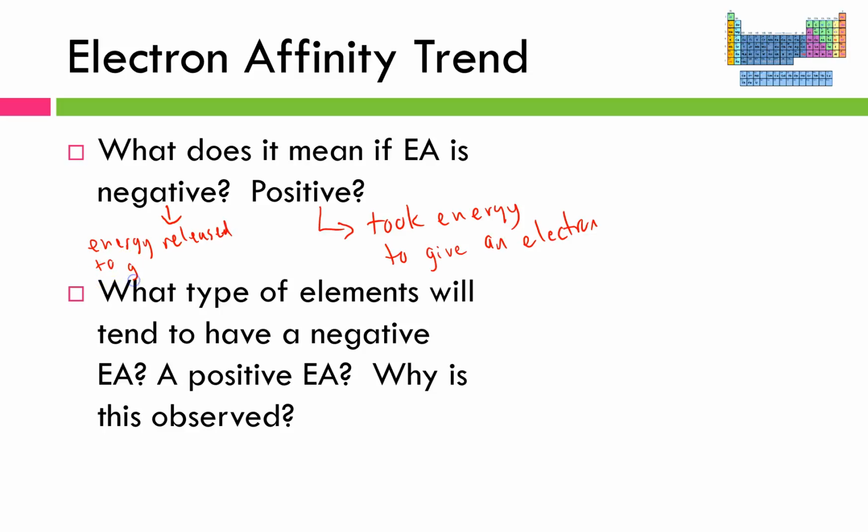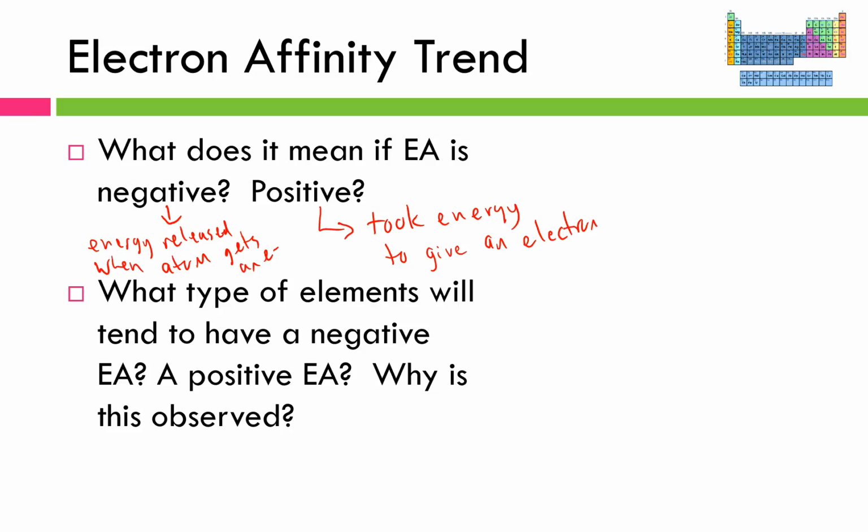when the atom gets an electron. So negative electron affinity means that the atom kind of wanted that electron in the first place. So when you gave it the electron, it actually released energy, meaning it made the atom more stable.